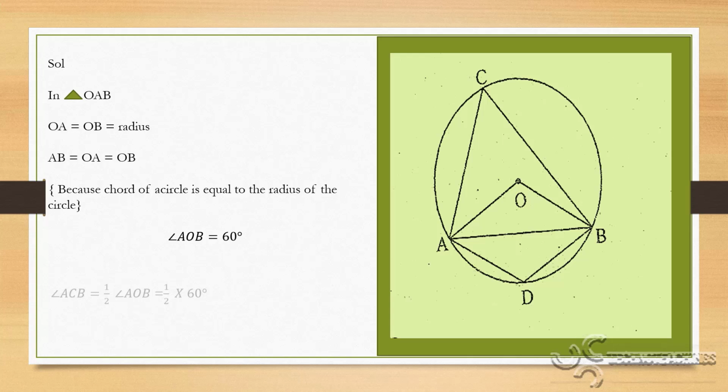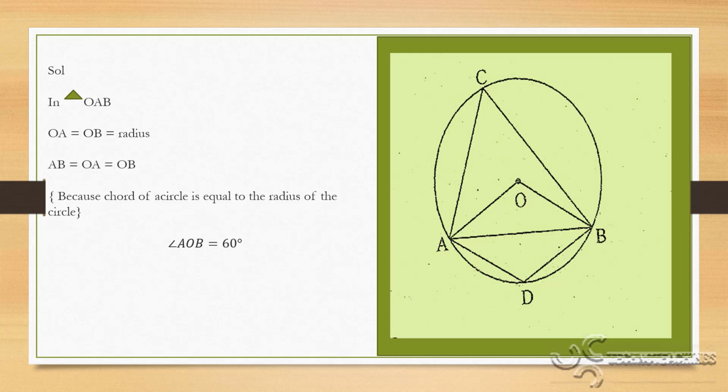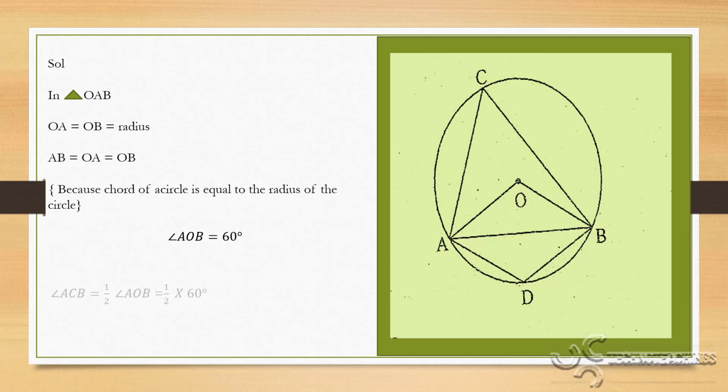Now triangle OAB represents an equilateral triangle because the chord of a circle is equal to the radius of the circle. So each interior angle of this triangle will be 60 degrees.